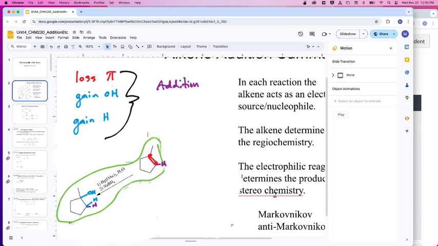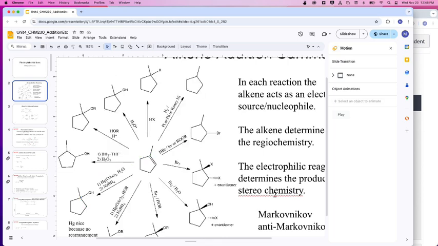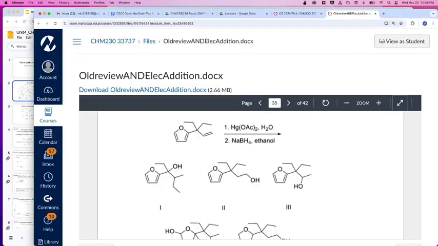The other one reacted with the H. The OH went to the more substituted position. The H went to the less substituted position. If we hold that extra information, what's our answer?